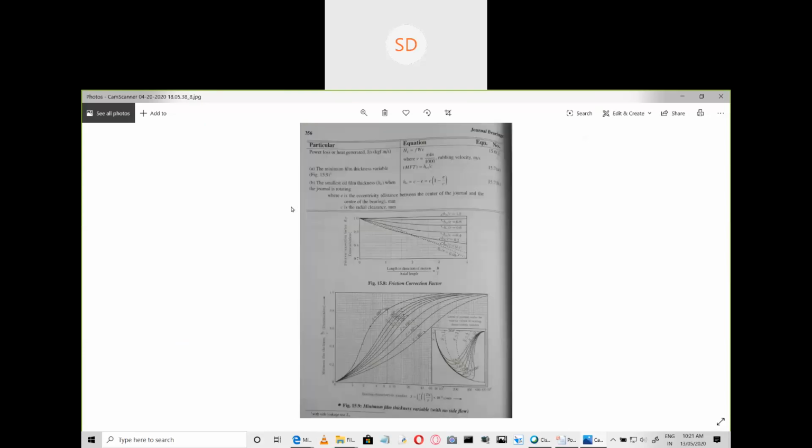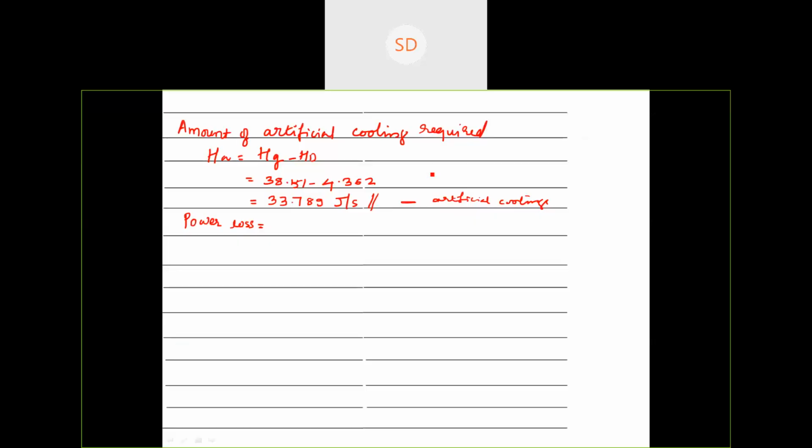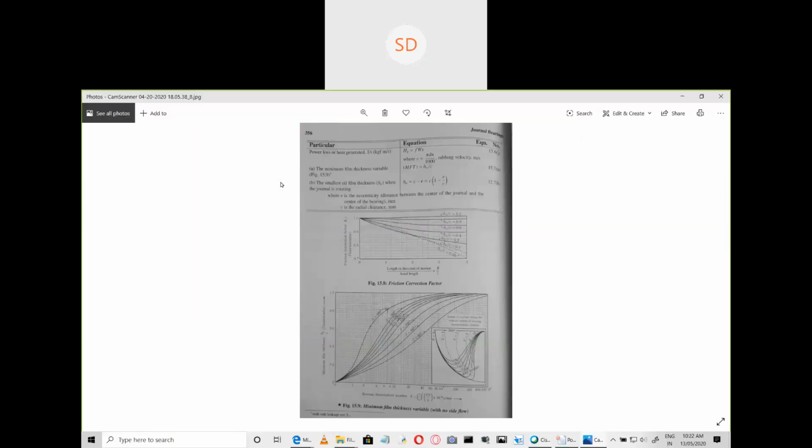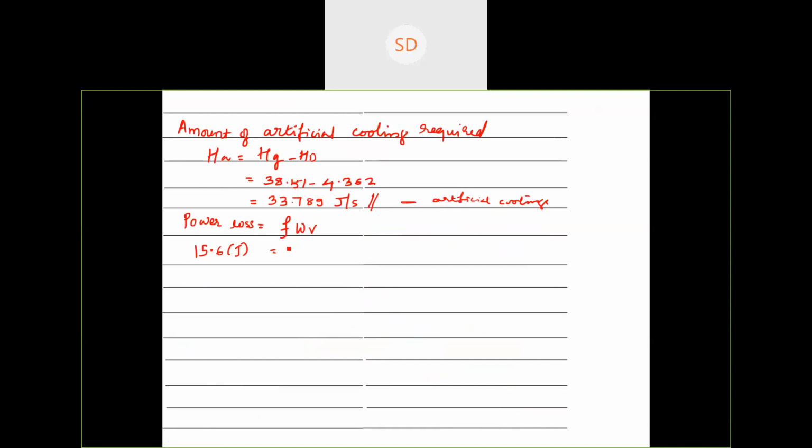So you can refer to equation number 15.6, power loss equals f W V. The calculated coefficient of friction, you can use the same value here, it is 0.0045, into weight, into velocity 1.413 meter per second.